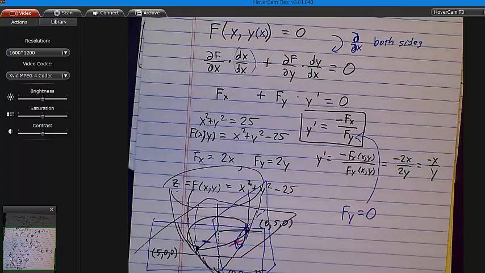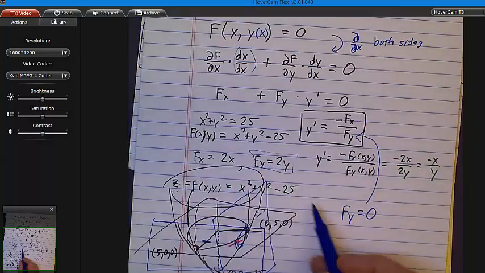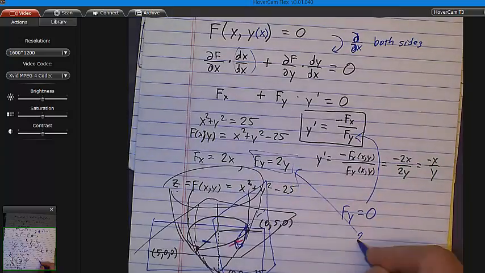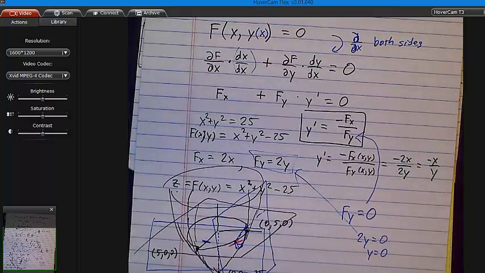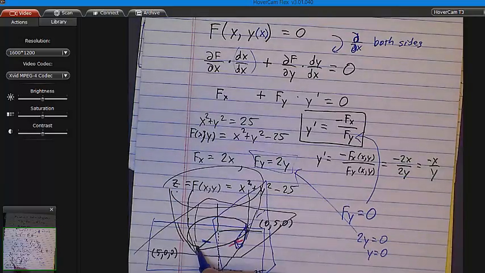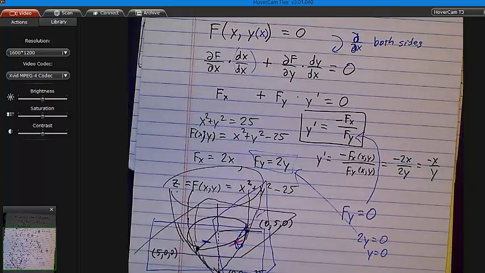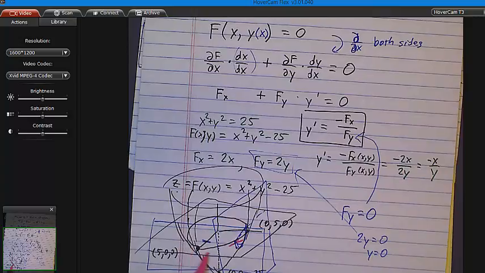Where would fy equal 0? What is fy? fy is 2y, right? So I guess this would happen when 2y equals 0, when y equals 0. Do we have any points where y equals 0? Yeah, we do. Like this one, right? Oh, okay. So that point there, 5, 0, 0, if I look at its tangent line, right?